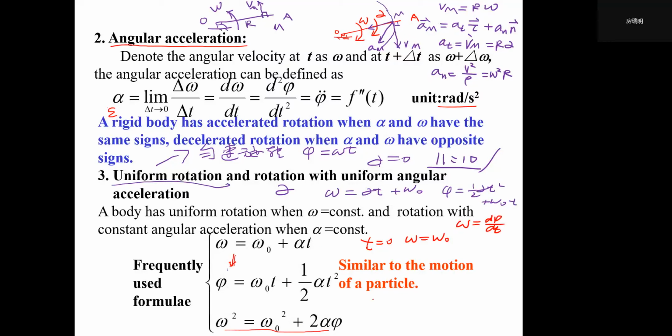Maybe I can write here. We have omega squared equals the right part, which should be omega 0 squared plus alpha squared t squared, plus 2 times omega 0 times alpha t, right?